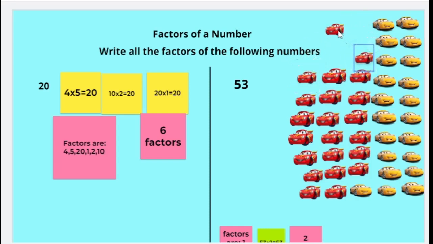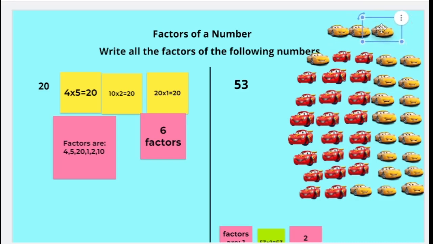All right. We're going to put them in groups of 5. All right. So 1, 2, 3, 4, 5, 6, 7. We have 7 groups of 5. So 5 into 53 is going to leave us a remainder of 3. So right away, 5 is not a factor of 53. We don't want a remainder.